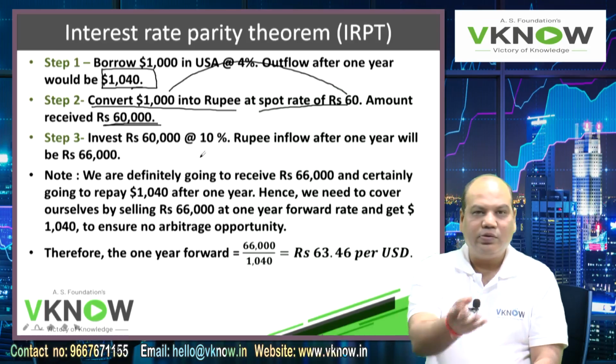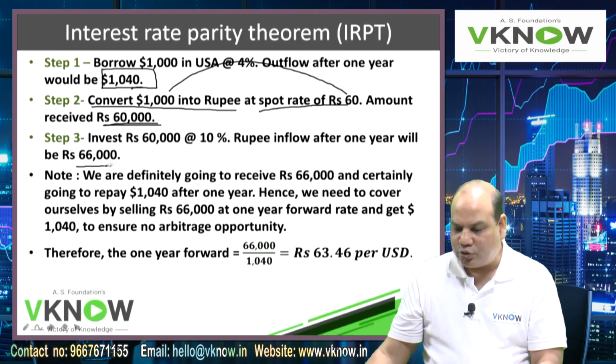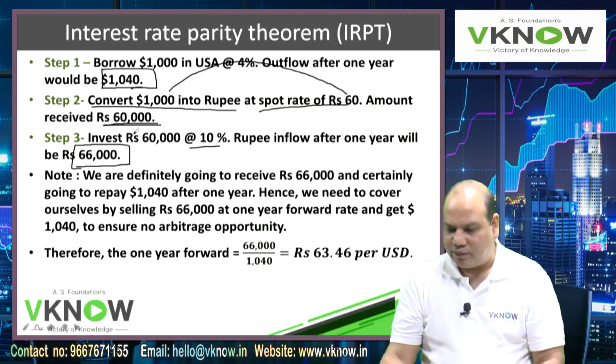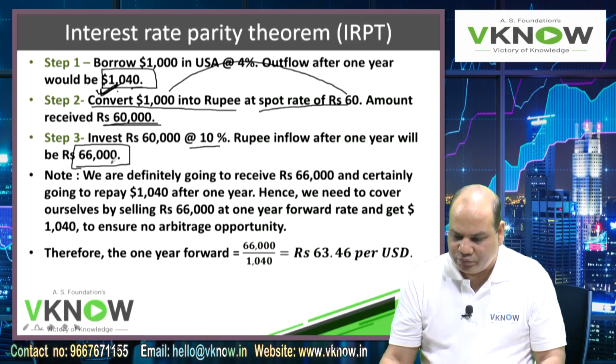So what will be his rupee inflow after 1 year? That number is also locked. If you invest 60,000 rupees at 10%, assuming no uncertainty involved, you will get 66,000. Both these numbers are locked now. After 1 year, you have to pay $1040 in USA and you are going to receive 66,000 rupees in India.